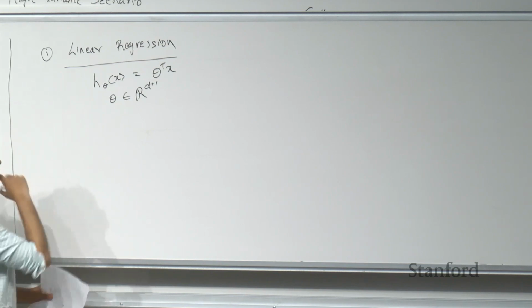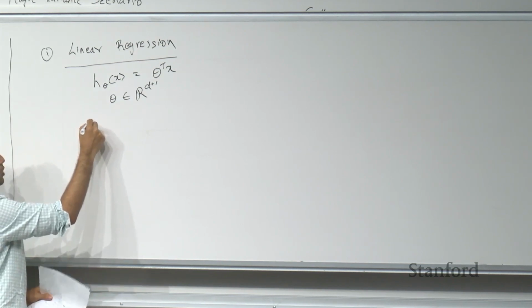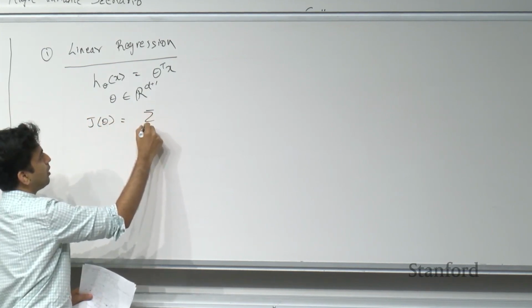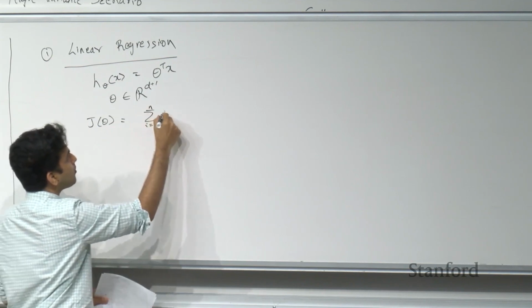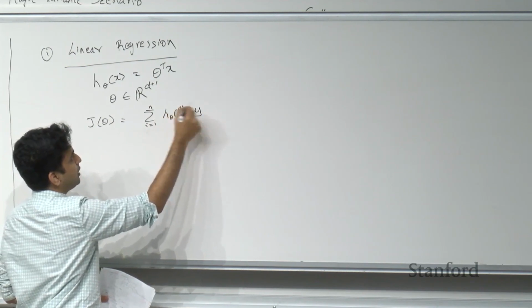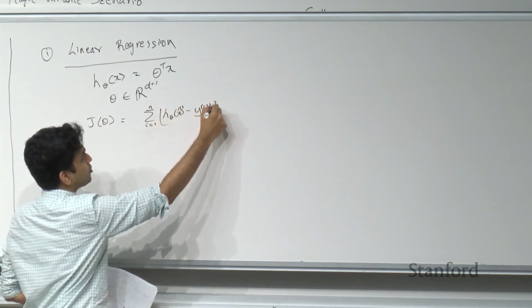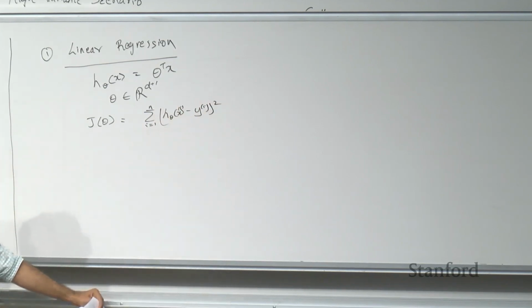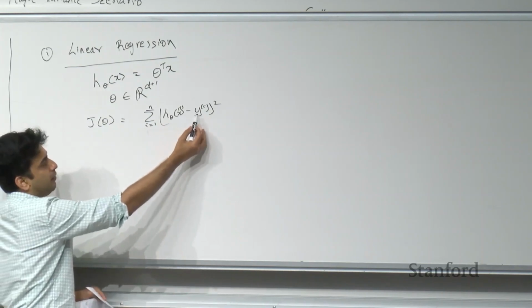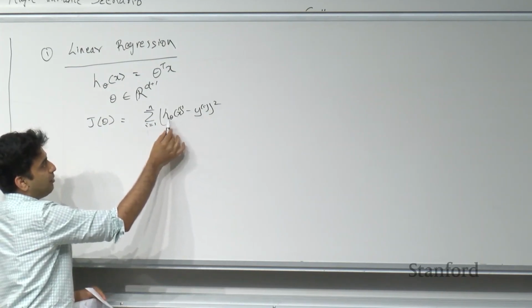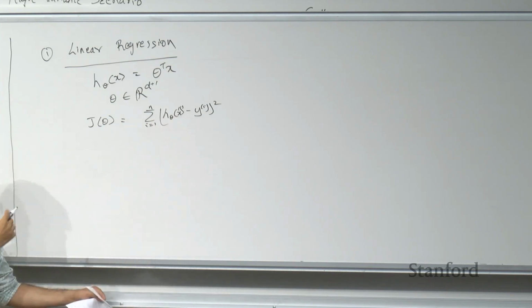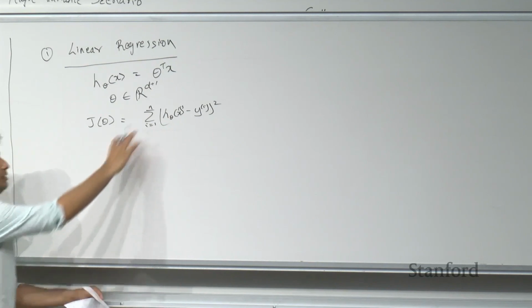And for the learning algorithm, we first define what is called a cost function J theta, which is equal to the sum over i equals 1 to n of h theta of xi minus yi, squared. Right? And this is also commonly called the squared error, where we want to penalize the difference between the predicted value and the correct value, penalize the square of that value, and sum over all the squares of these errors.